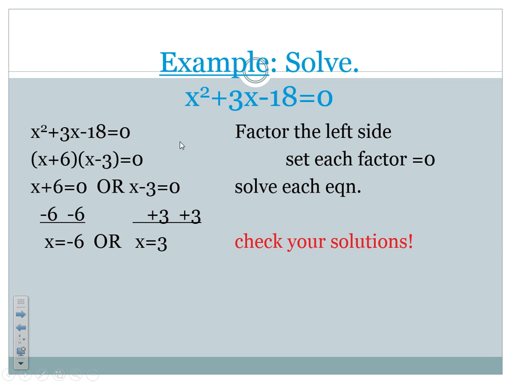And we want to check our solutions back in the original to see if these are really the solutions. So to check, we would take the negative 6 and everywhere we see an x, we would replace it with negative 6. And then we would work out the left side and see if it's equal to the right side. Then we would take the 3, replace it in the equation for x, and work out the left side and then the right side to see if both are 0.